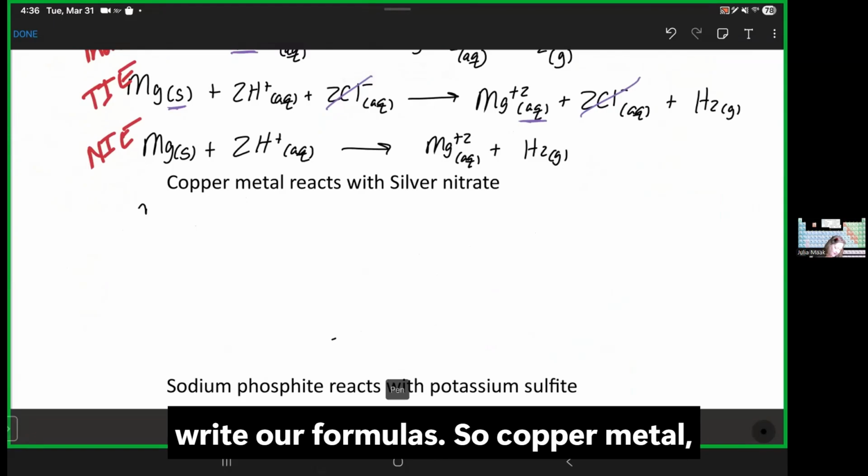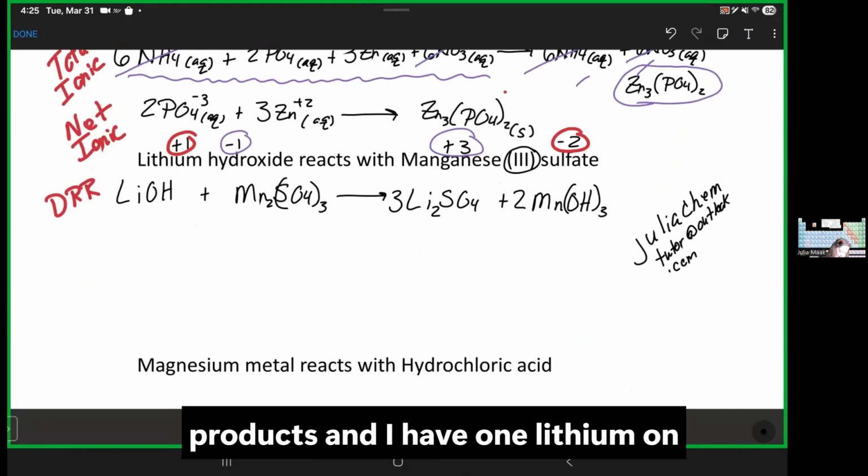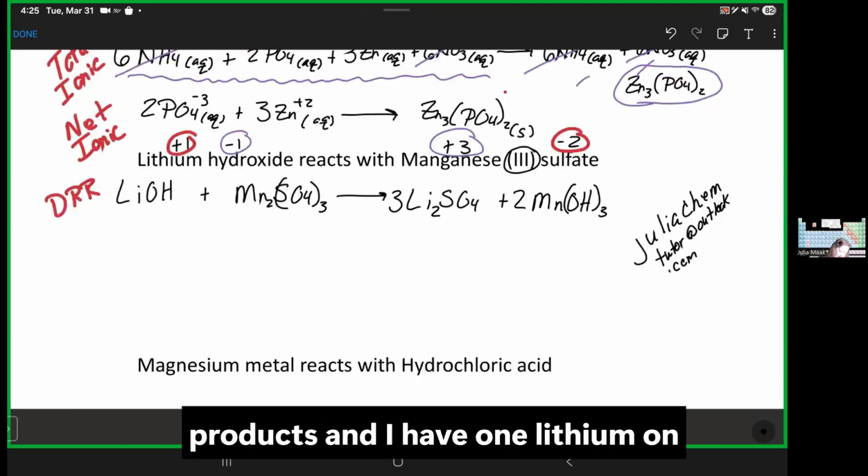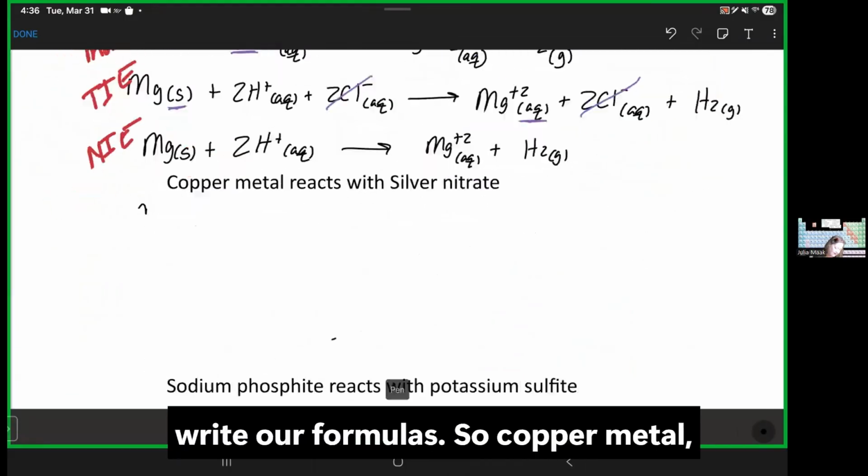Those are typically insoluble except for, and barium is an exception. So barium hydroxide is aqueous. So our barium hydroxide is soluble, and our barium sulfate is not soluble. It is a solid.